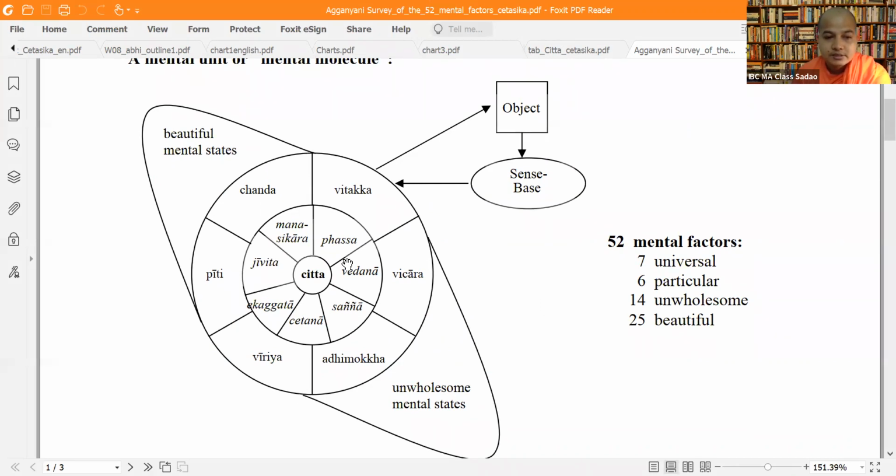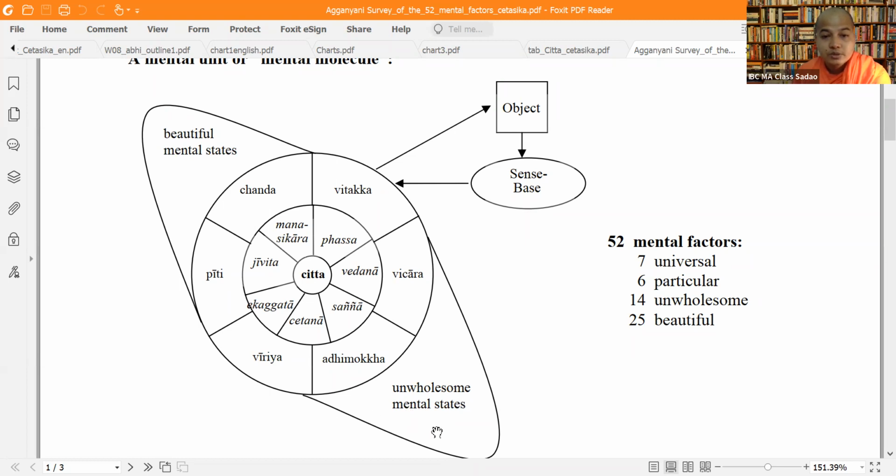Anyasamana Chaitasikas, ethically variable Chaitasikas, not Chittas, that arise together with the Chitta in a mind moment, plus, because you are talking about good and bad, wholesome and unwholesome situations.